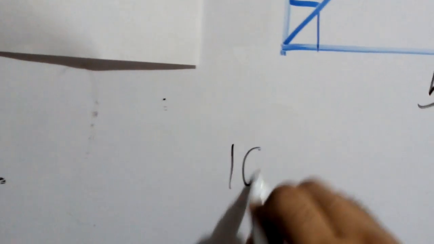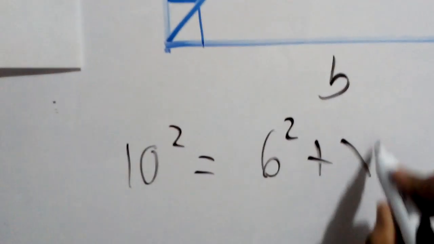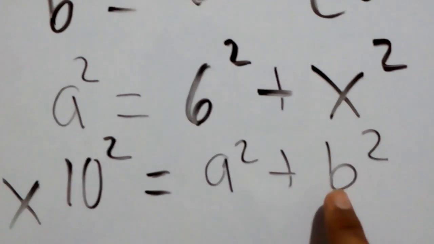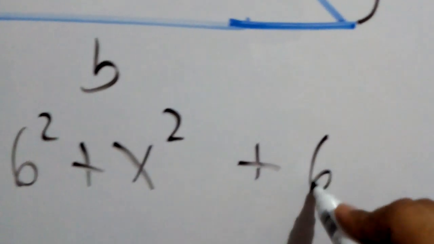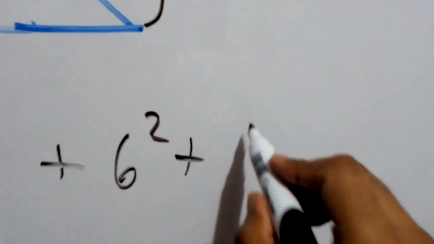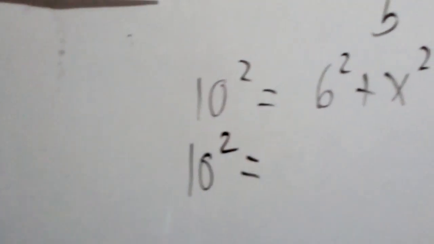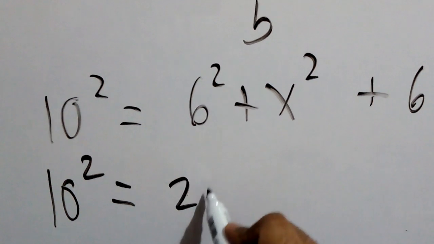Just like here. So 10 squared is equal to, instead of the A squared, I will write all this, 6 squared plus X squared, plus, instead of the B squared, I will write this. Now let's simplify this. 10 squared equal to, we have 6 squared 2 times, so it's basically 2 times 6 squared.